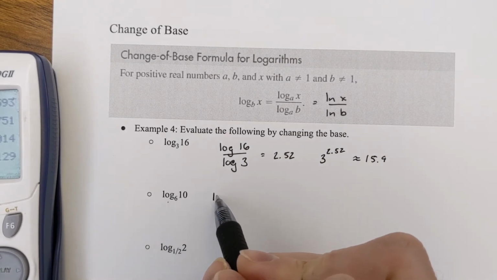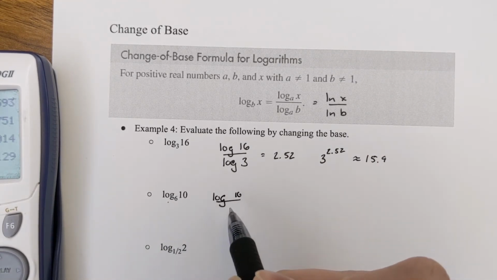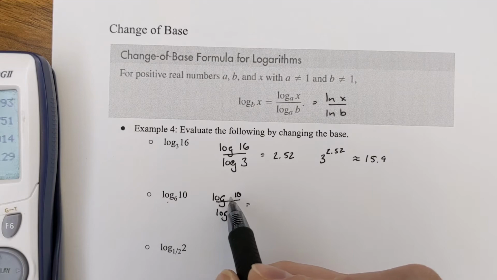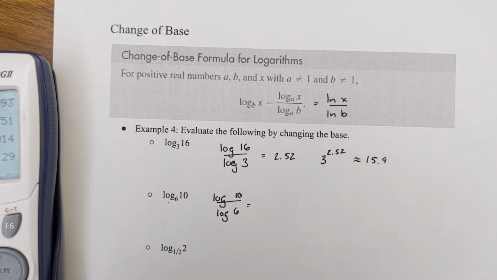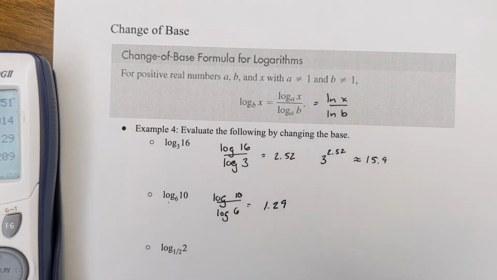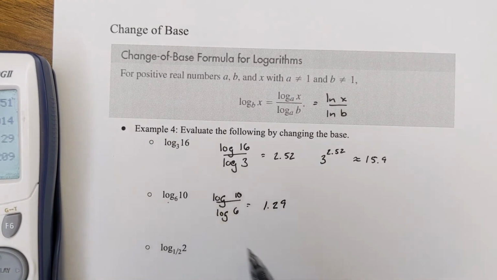This one would be the log of 10 divided by the log of 6. I used the common log, but you don't have to. So log 10 divided by log 6 is 1.29. So 6 to the 1.29 will give me 10.